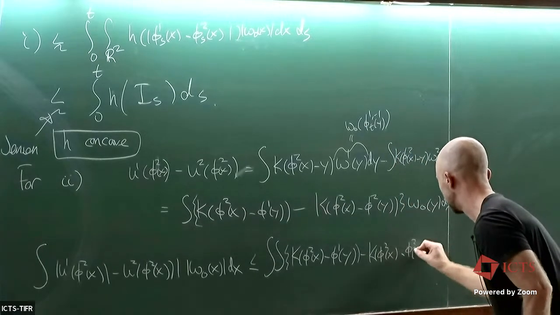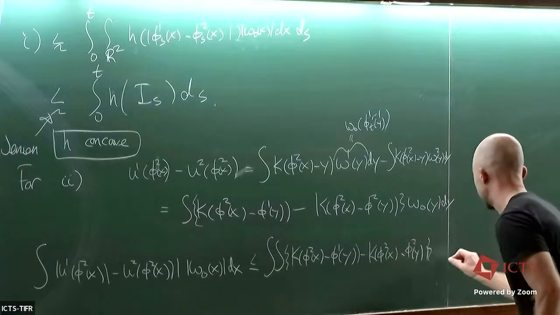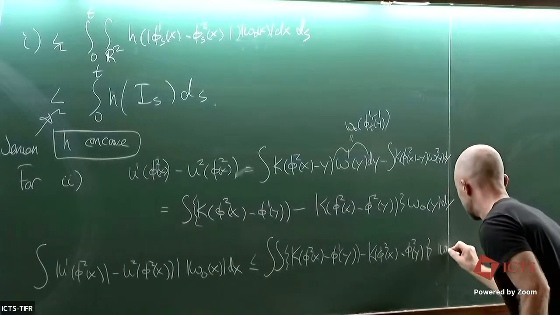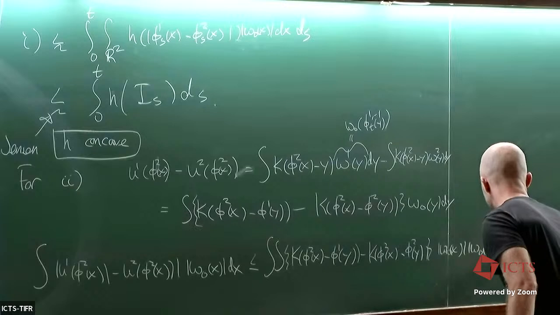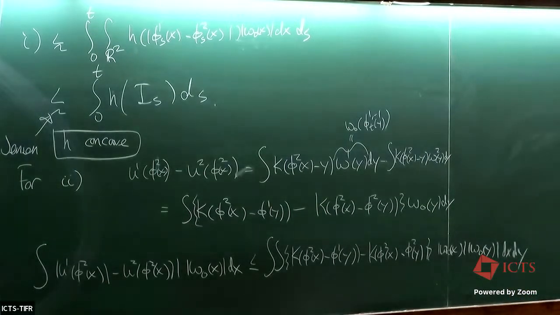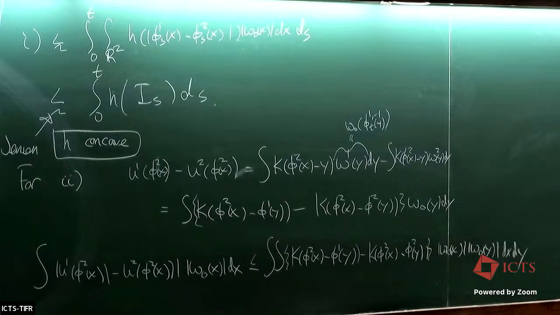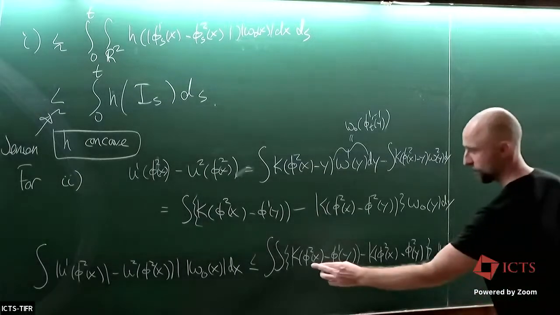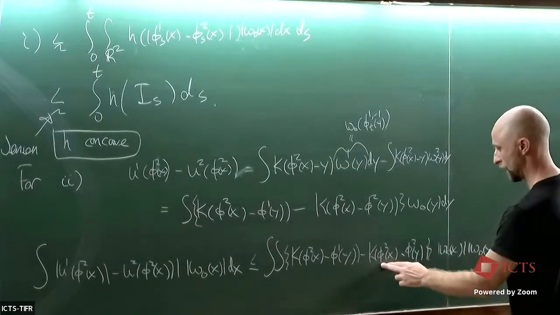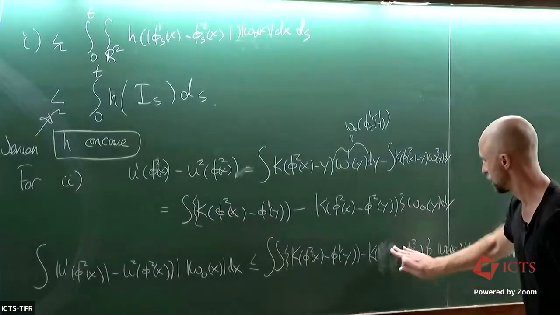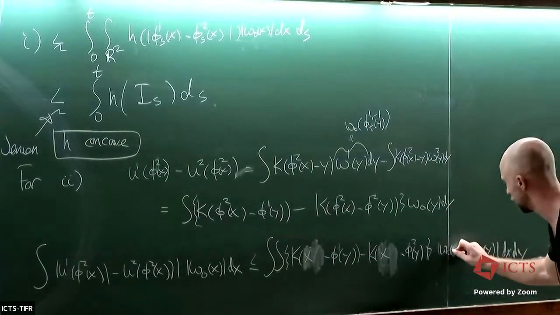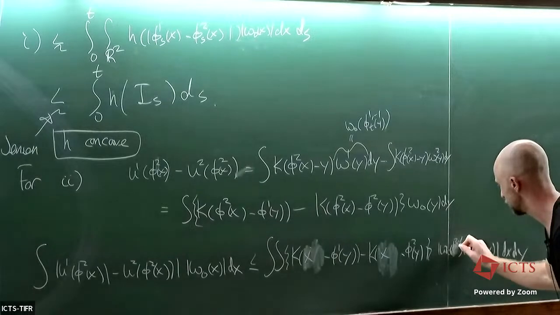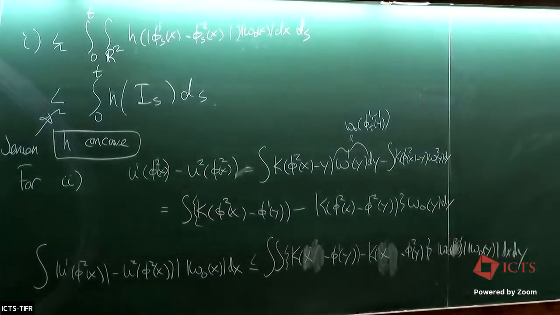Minus phi 2 of y. Okay, and now we have this integrated against the initial value in x, initial value in y, and dx dy. But now let me change the integration variable again. Because here we have phi 2 of x and phi 2 of x. So I can change this one. I can put x here instead. And now I need to put phi 2 inverse of x here. Right? We can do this. It's volume preserving.